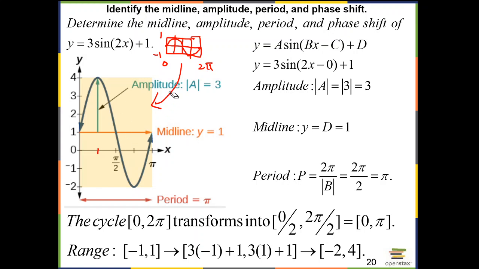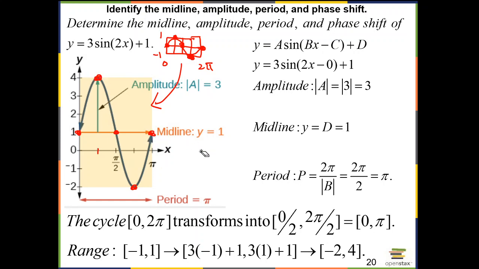Or we can take the 5 key points and convert those into the new 5 key points and just graph the cycle.